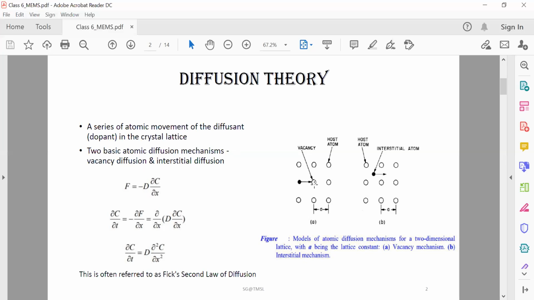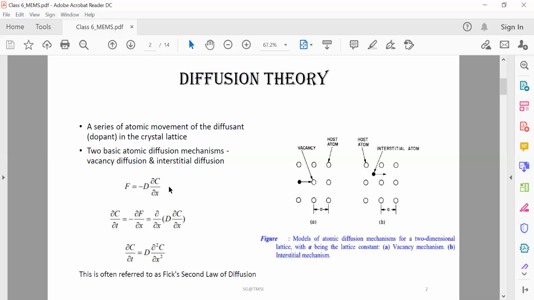When a neighboring impurity migrates to the vacancy site, this mechanism is called the vacancy diffusion mechanism. If an interstitial atom moves from one place to another without occupying a lattice site, this mechanism is called the interstitial diffusion mechanism.